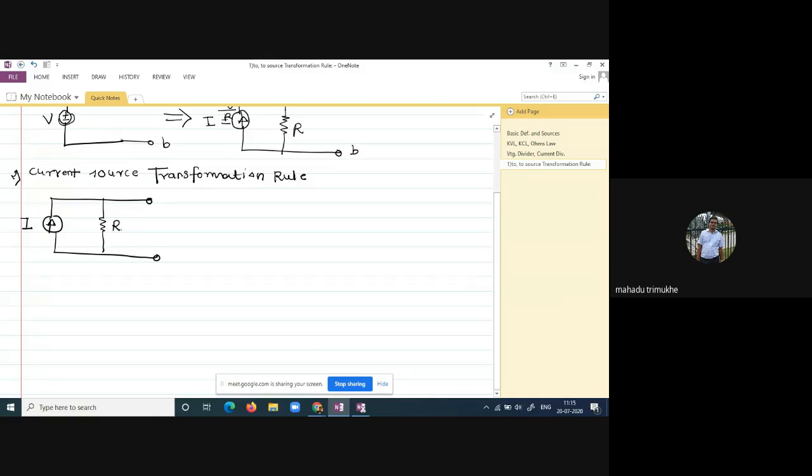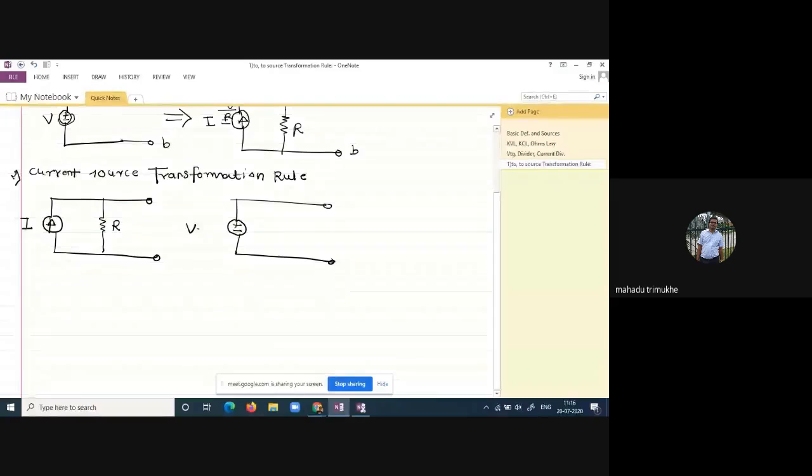Then you have to convert that current source into the voltage source. How do we convert it? Simple. We take the magnitude equal to the product of current and resistance, with plus or minus depending on the direction.